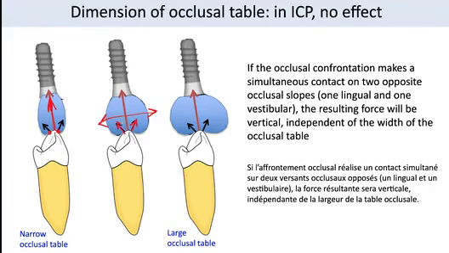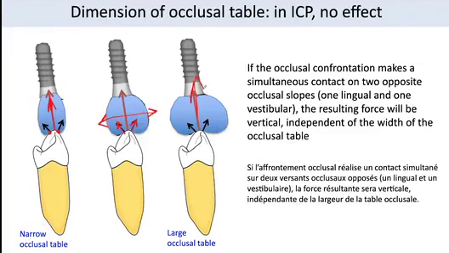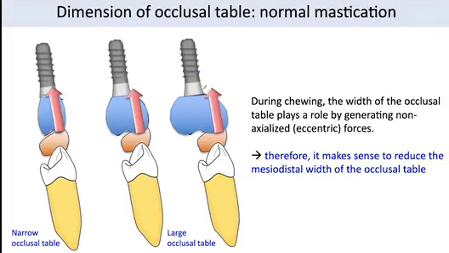From this point of view, you can have a large occlusal table because the direction of the force is the same, along the long axis of the implant. But in this situation, we consider the high ICP position and clenching in ICP position. But during mastication, these things are not the same.